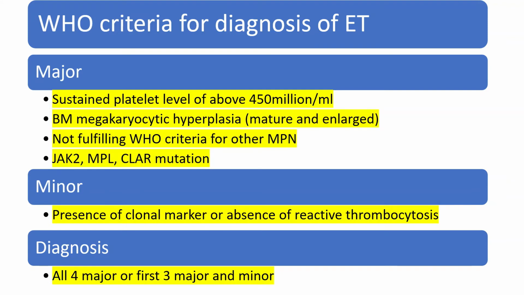And the minor is the presence of clonal marker or absence of reactive thrombocytosis. So to diagnose, all the four majors should be there, or the first three majors and the minor should be there.